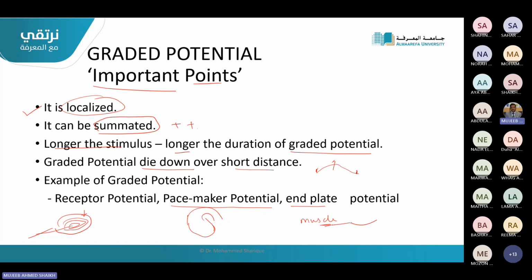Muscle end plate, yesterday we discussed. This is the area where the neuron is touching the muscle. So this area is known as the motor end plate, and this area will show you graded potential.